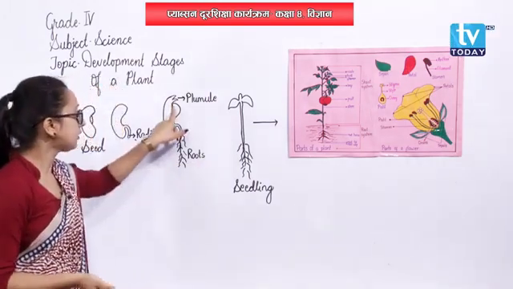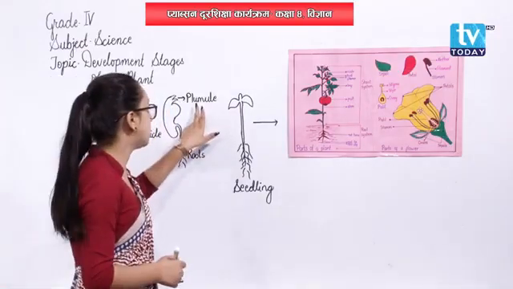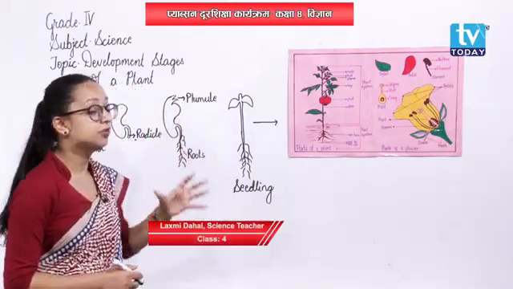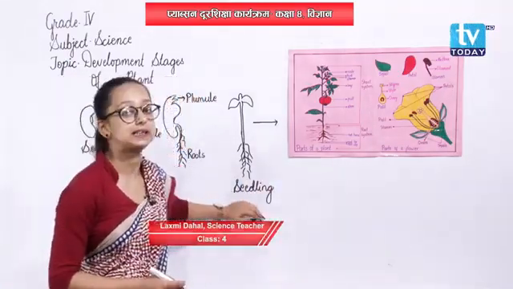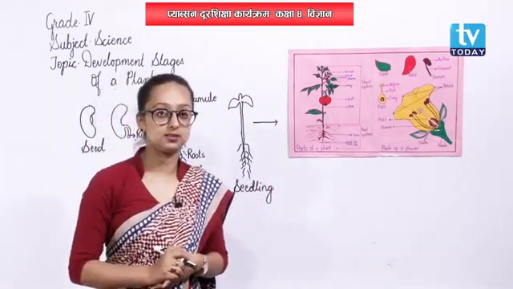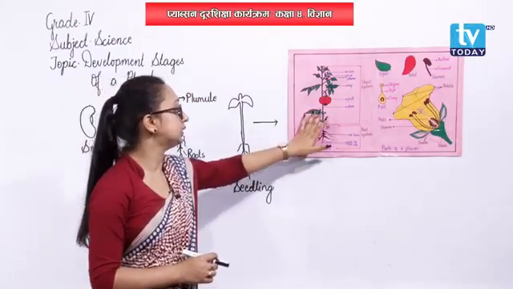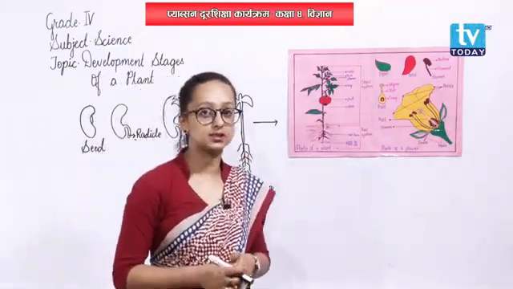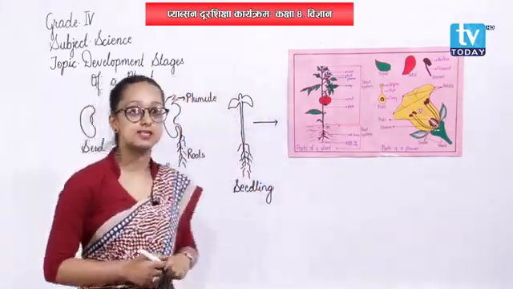And the structure that appears at the top of the seed is called plumule, okay. Then when they are fully grown up, they become a seedling. A seedling is a young plant. Then the seedling finally grows into a mature flowering plant, okay.